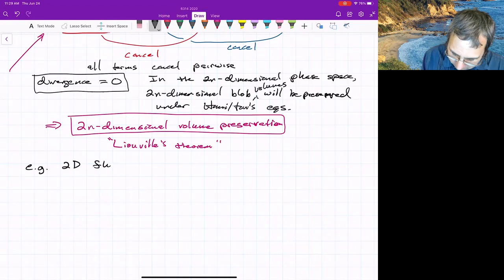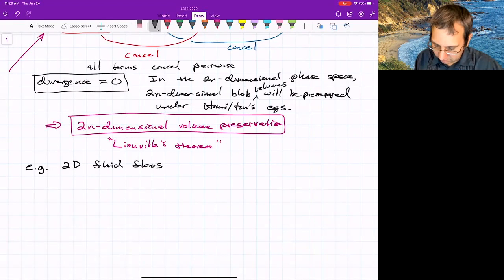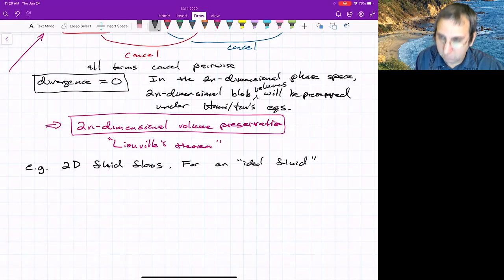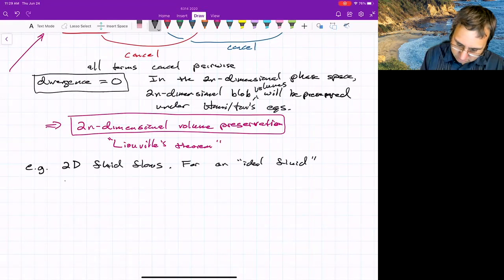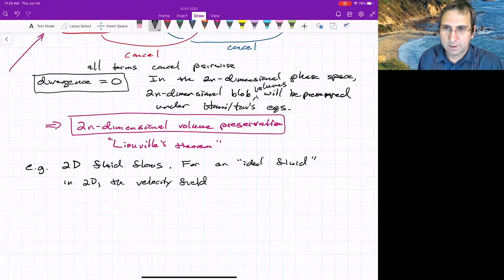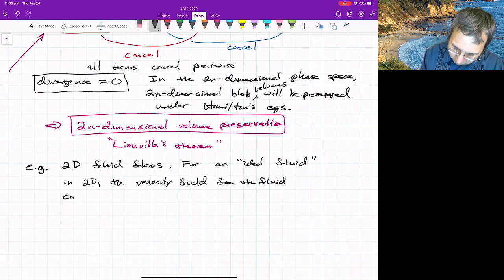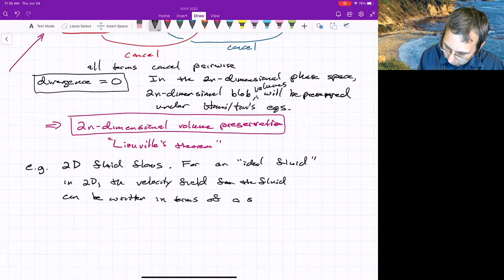So for an ideal fluid in 2D, the velocity field for the fluid can be written in terms of a stream function, which is really just the Hamiltonian.